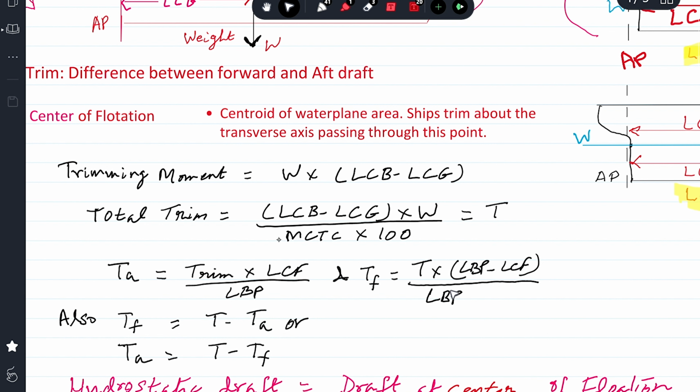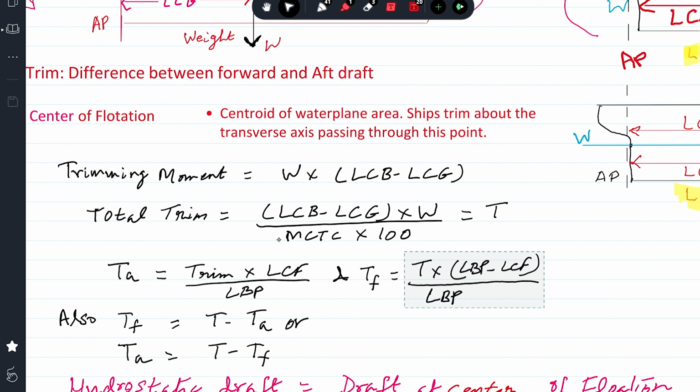Or you can also do like this here. Total trim multiplied by distance of the forward perpendicular from center of flotation. And that will be length between perpendiculars minus LCF. So total length, and if you subtract the LCF, you will get the distance of forward perpendicular from center of flotation.